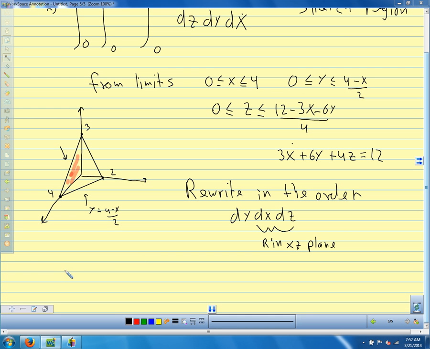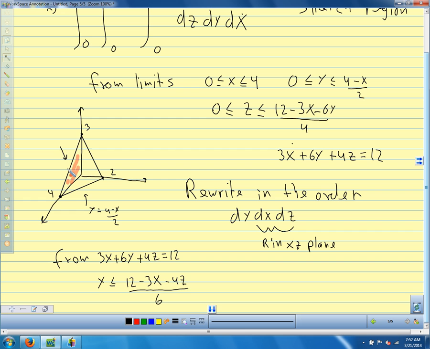So from our equation of the plane, 3x plus 6y plus 4z equals 12, we can solve this and we get y is going to be less than or equal to (12 minus 3x minus 4z) over 6.